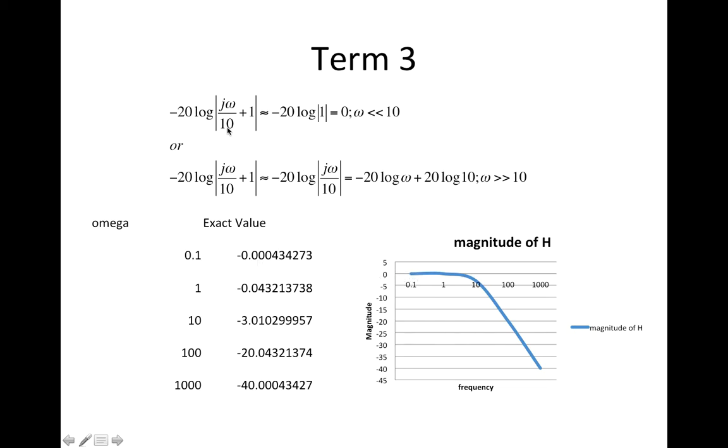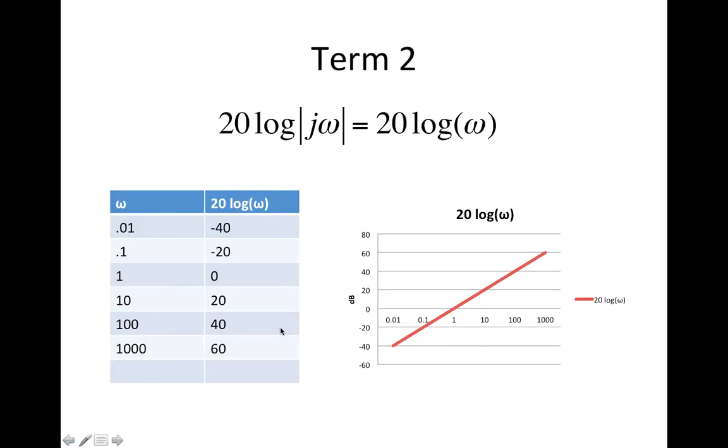But terms like this, where you have a j omega term plus 1, are going to have a shift in behavior at whatever this value is in the denominator. So at 10, we're going to have what we call a break point. Okay, so let's go back and look at the behavior of our first term.